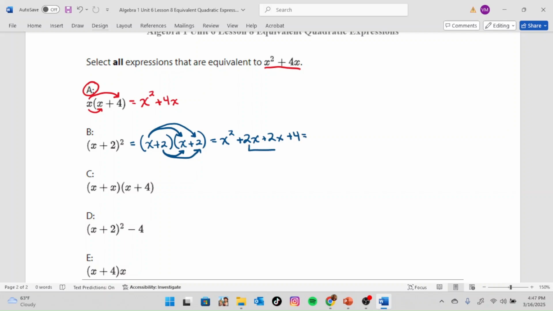We combine the like terms, and we get x squared plus 4x plus 4. This does not match what they gave us at the top, so B is not a correct answer.